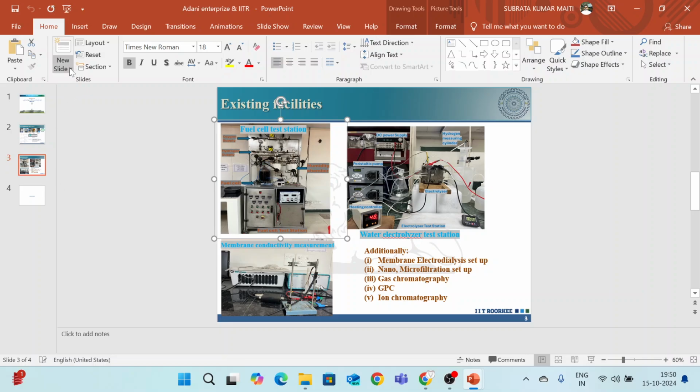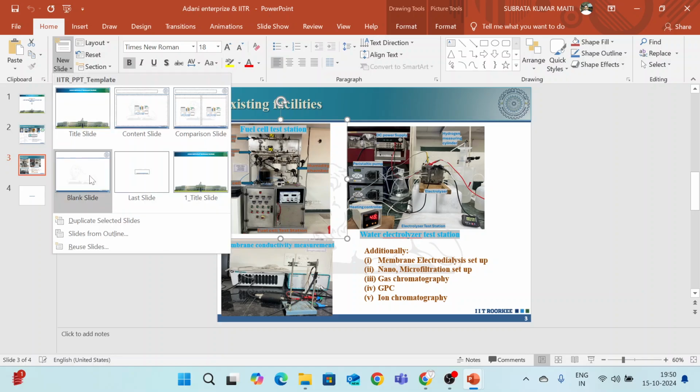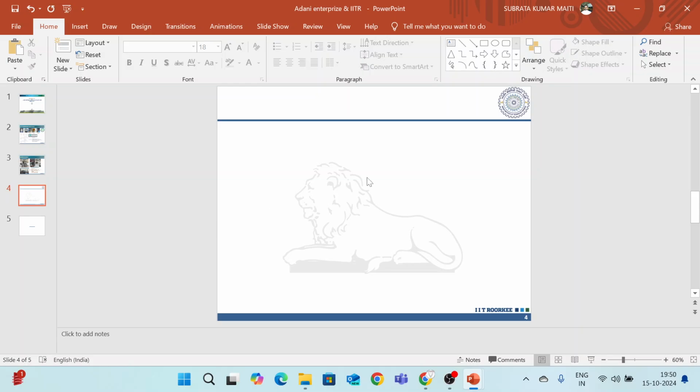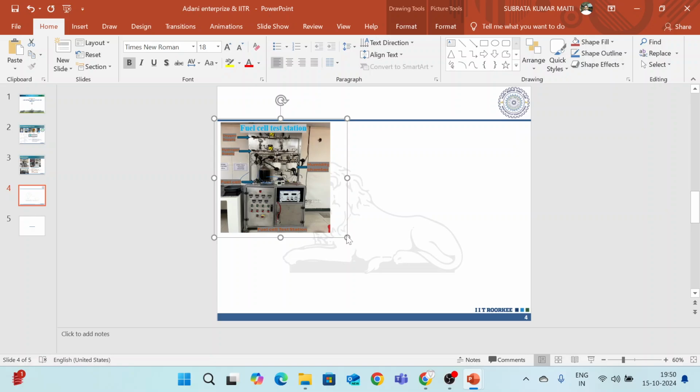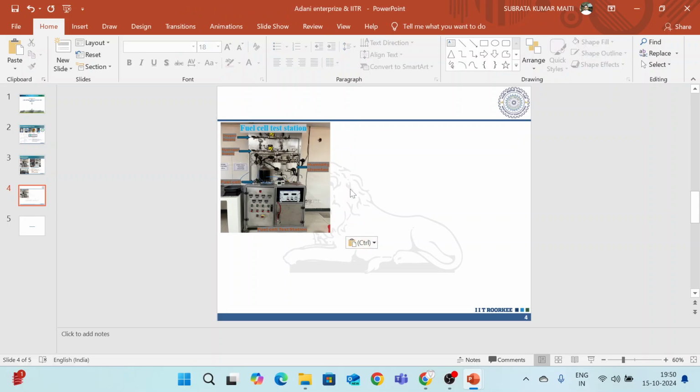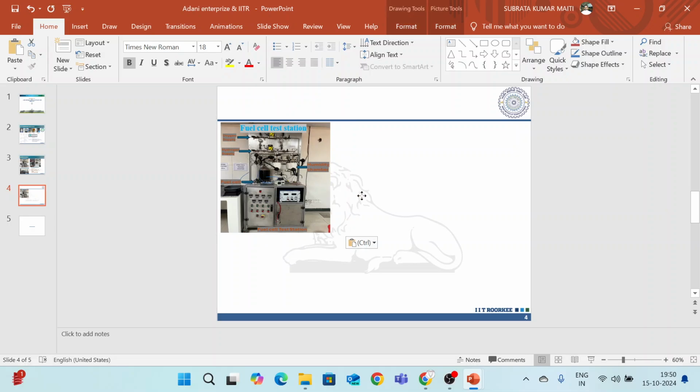Then only you will understand. My computer is actually getting slow. This is the fuel cell. This fuel cell is in our lab.